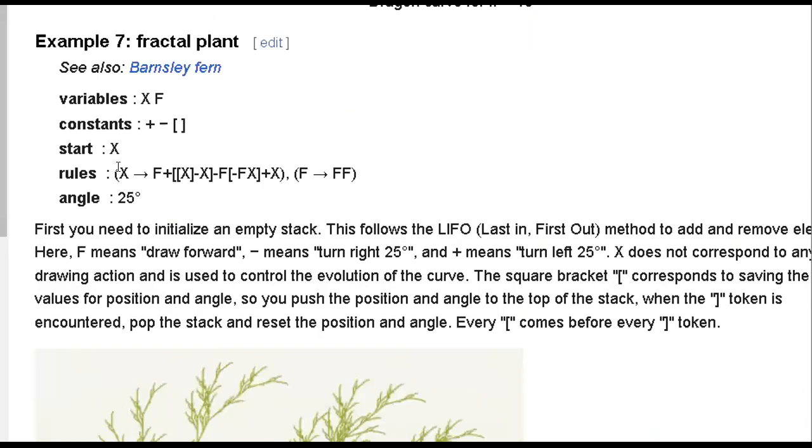When you define these rules, you can change them and see the difference. Here you have two variables and four constants, and this is the initial word, and you specify the angle.